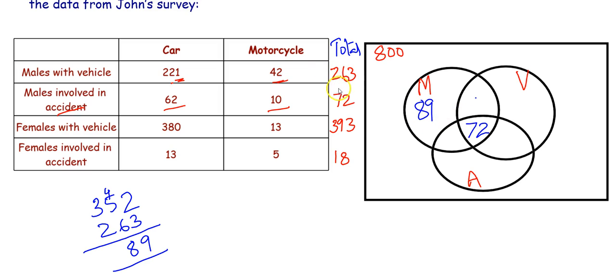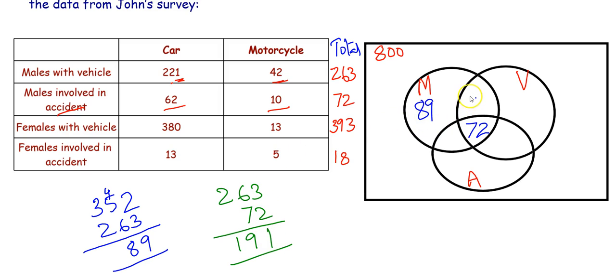Now also I have here this number 263. 263 are the male students who own either a car or a motorcycle. Out of them 72 are already gone. Take away 72. So 263 minus 72 gives me 191. Right, 191.